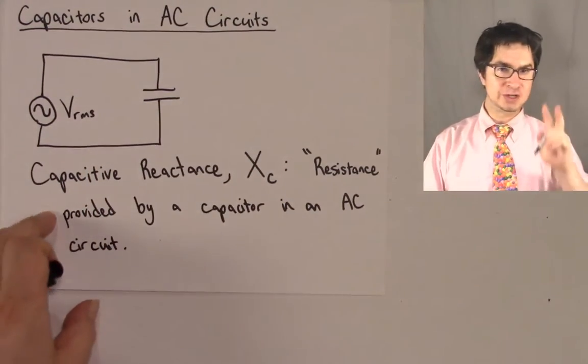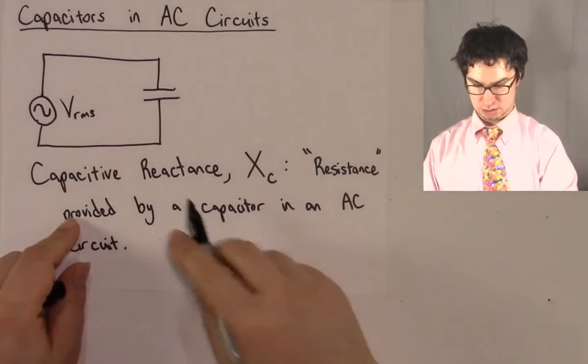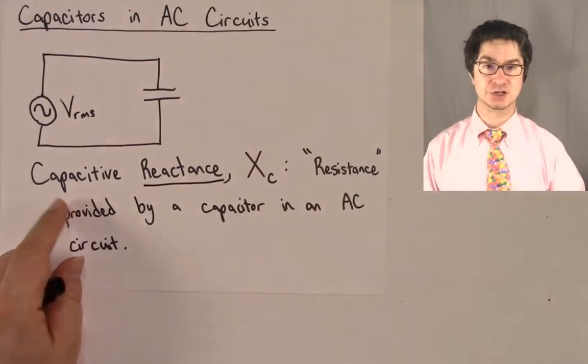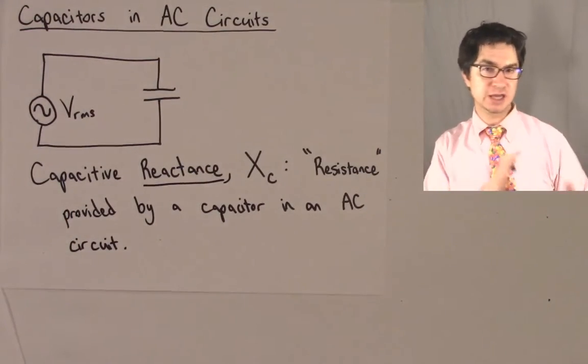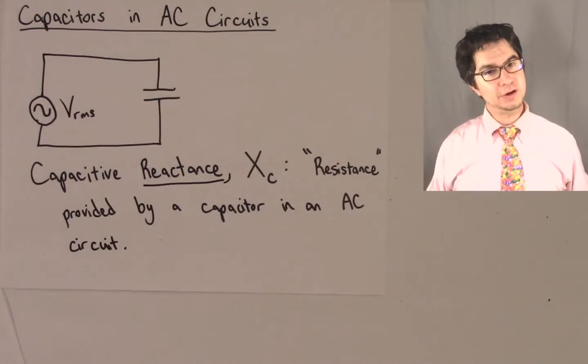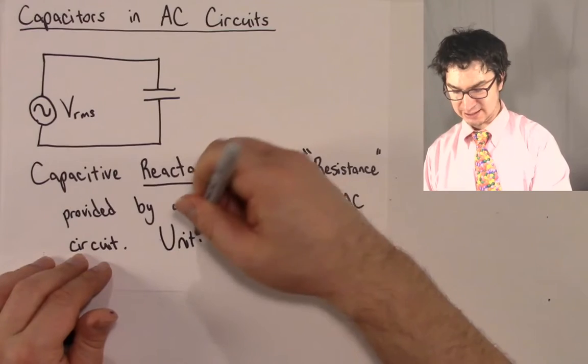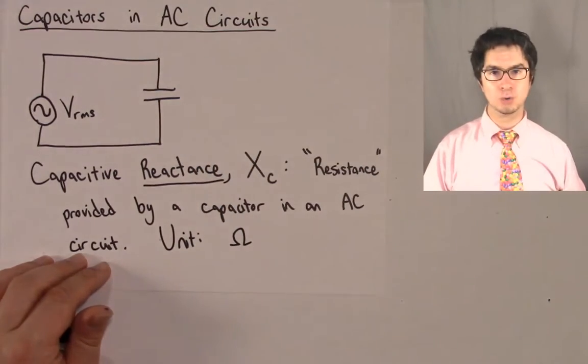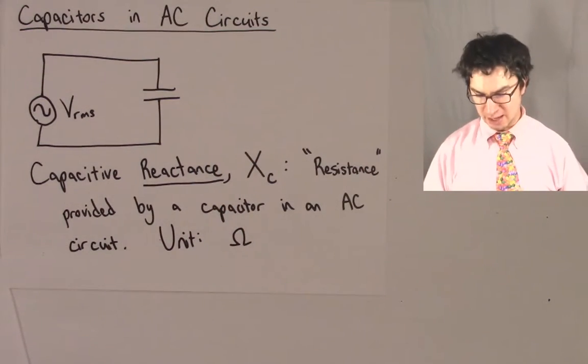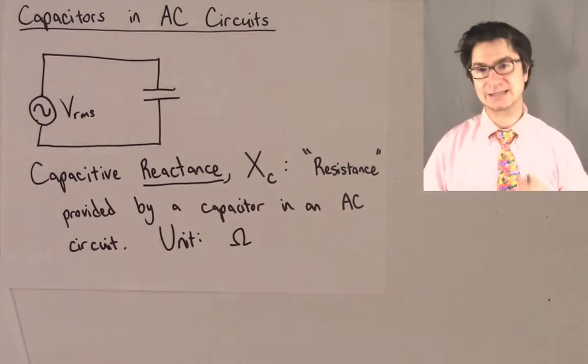Now, if it's a resistance, in reality a reactance because it's reacting to the change in the current, what do you think the unit is? The unit in the SI system is the ohm. And that's the best clue that you have that this reactance acts like a resistance.